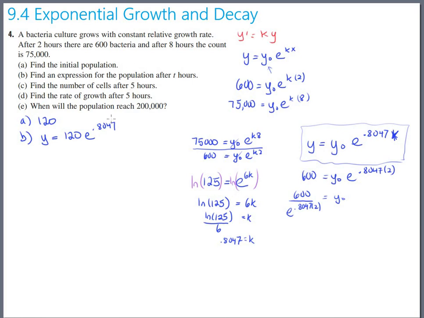Oh, sorry, I see they're using t for the variable. Okay, let's make t. For C, they just want the number of cells after 5 hours, so we can plug 5 in. Let's see, crunch that through.